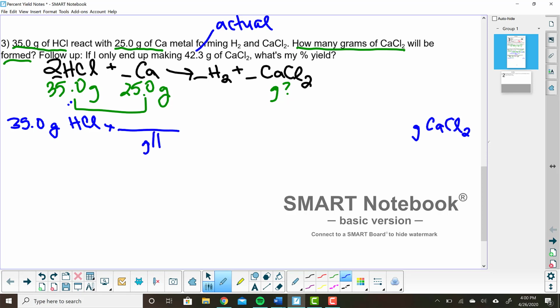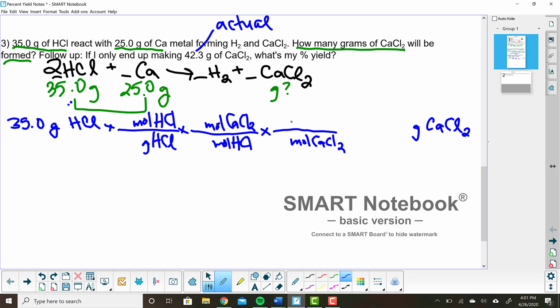Grams of hydrochloric acid, moles of hydrochloric acid, and then moles of HCl, moles of CaCl2, and then from moles of CaCl2 into grams of CaCl2. That'll get me to where I need to be.